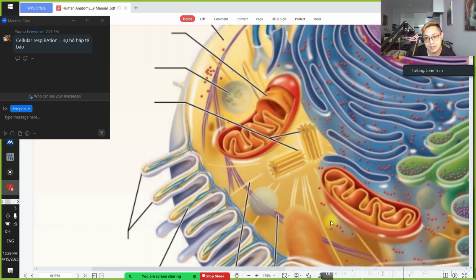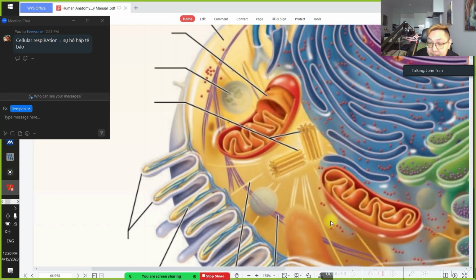So tell me about the cytoskeleton, the three components of that. The cytosol. I don't know for the cytosol. Cytoskeleton. Skeletal element.